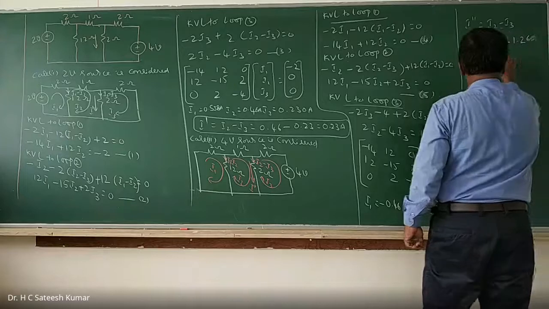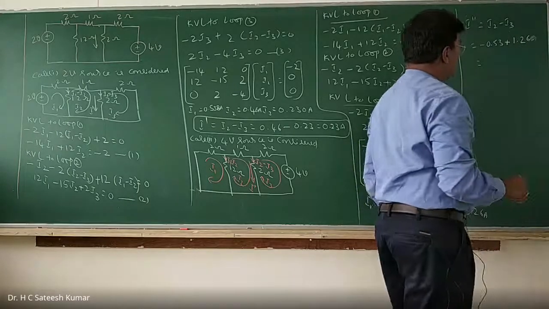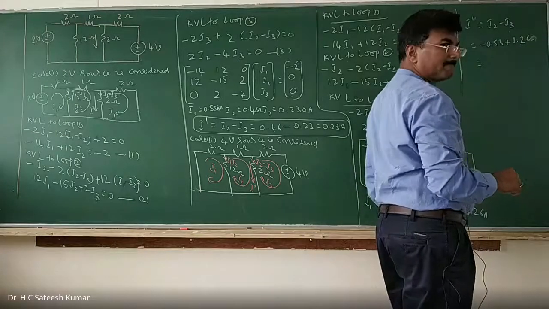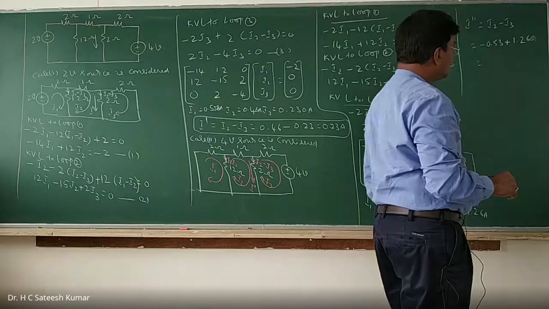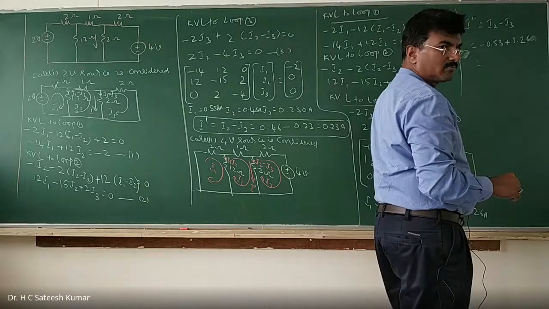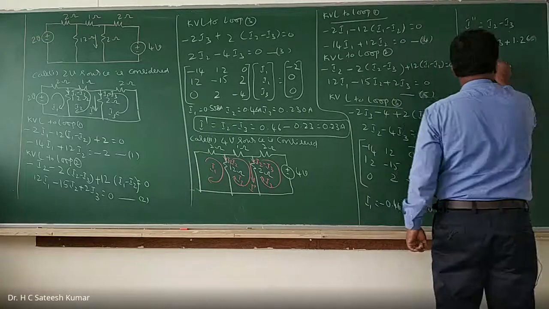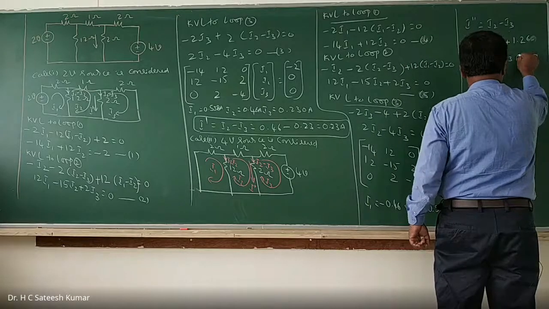How much is this? Minus 0.53 plus 1.26 is 0.73 amps. I double dash is equal to 0.73 amps.